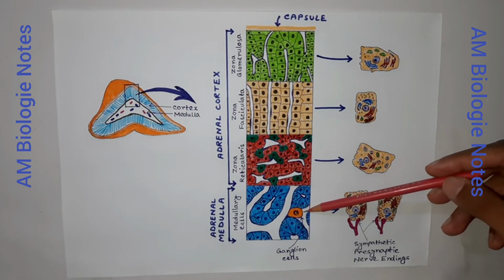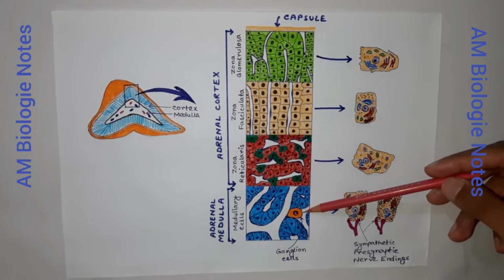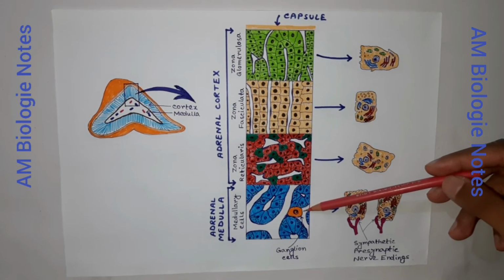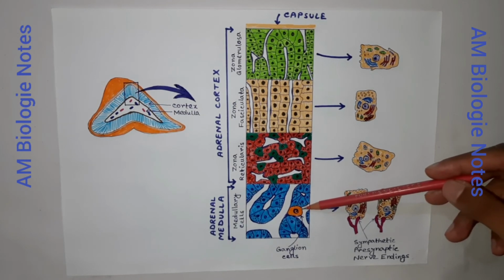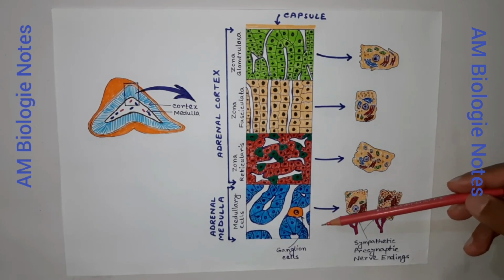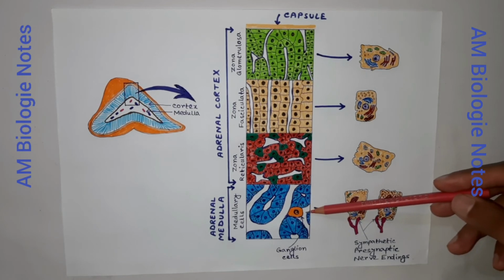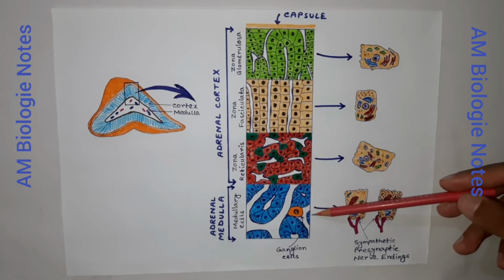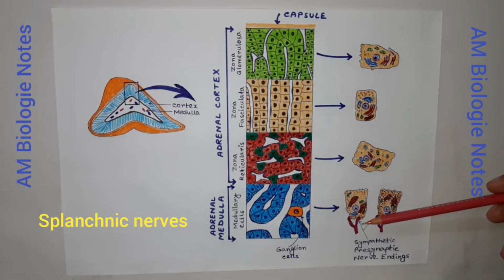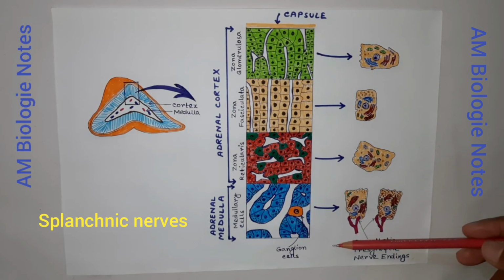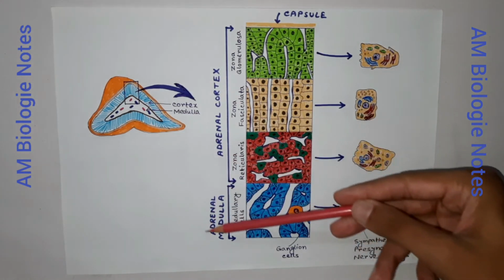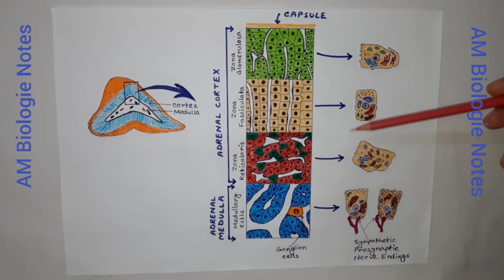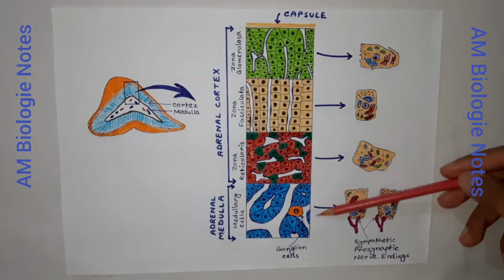Their axons extend peripherally to the parenchyma of the adrenal cortex to modulate its secretory activity and innervate blood vessels. The axons also extend outside the gland to the splanchnic nerves innervating abdominal organs. So, this is all about the histological structure of adrenal glands.